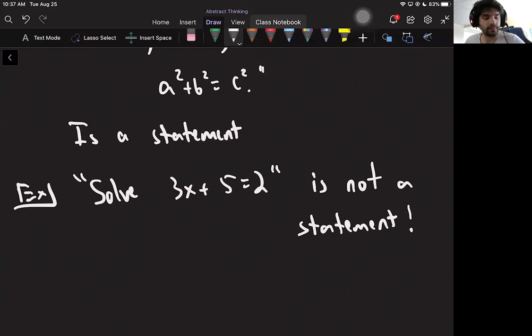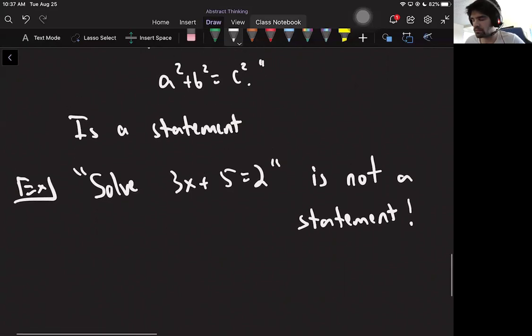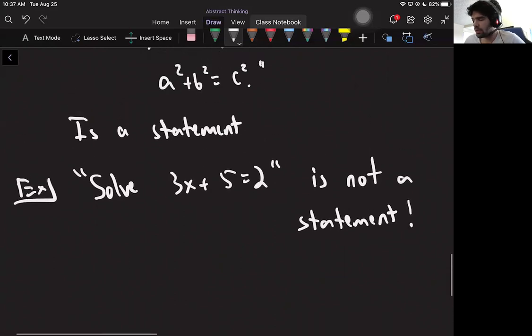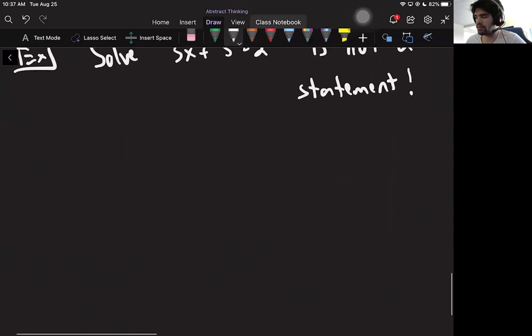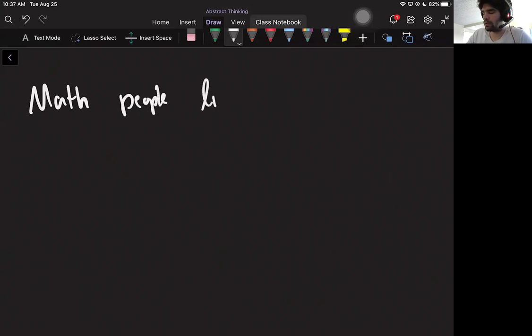Okay, so those are pretty much all the different kinds of statements we're going to run into in this little section. And what we next want to do is determine whether they are true or false. Math people like to do this.